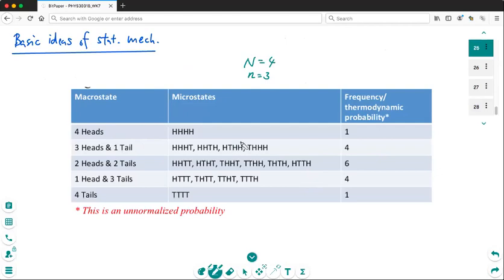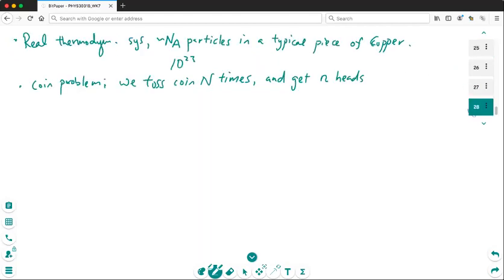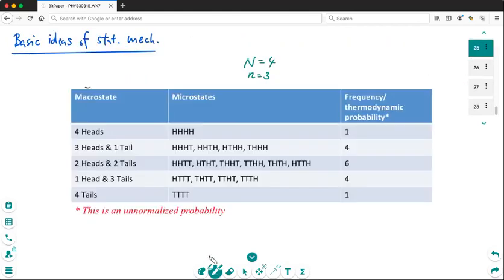You know how to do this calculation, and you get 4. So I have N coins or N flips, and I want to get 3 heads. How many microstates do I have corresponding to this particular macrostate?